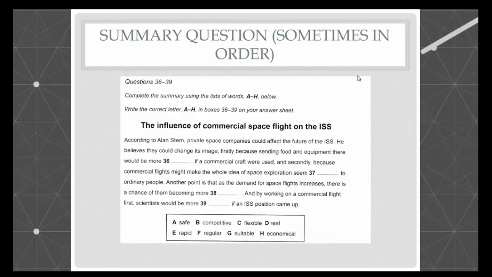Sometimes they'll give you possible answer choices in a box, and sometimes they won't. But you basically have to handle it like a fill-in-the-blank question, but you have to be aware that it does not go in order a lot of times, and this can make it difficult because they're just taking different sentences from different paragraphs, smashing them together, and creating a summary. So that's what you have to think about with this question.